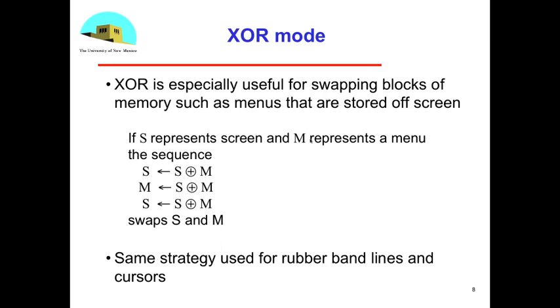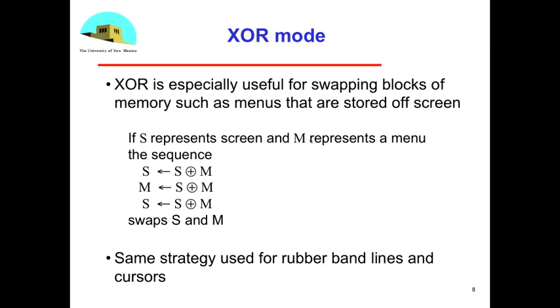Think what happens when you do a pull-down menu or a pop-up menu in some interactive application. It gets drawn over what you already have, and then when it goes away, you restore what was originally under that menu. Well, how do you do that?